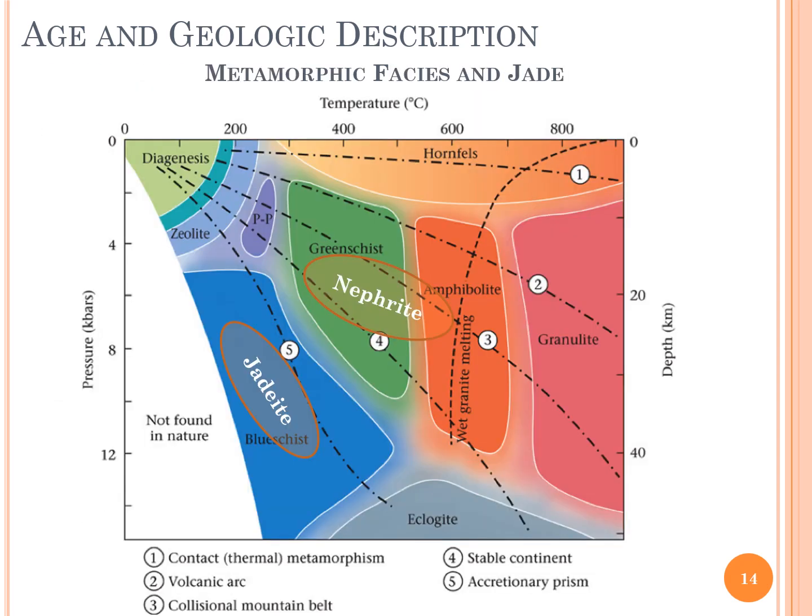Now let's talk a little bit about the concept of metamorphic facies and how that relates to jade. When we refer to metamorphic, as we were discussing a few slides back, we're talking about a sedimentary, igneous, or metamorphic rock that's gone under some form of transformation that is achieved by a change in pressure and temperature on the rock itself.